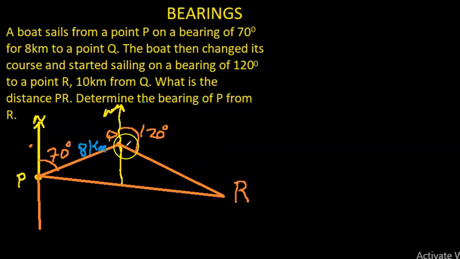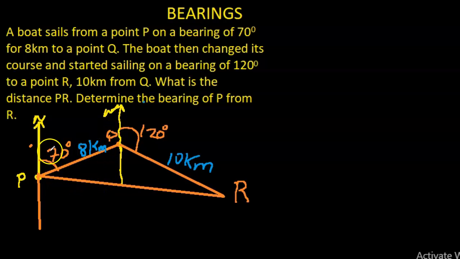From Q to R, that's 10 kilometers. Now we're asked to find the distance PR. We ask ourselves the question, can the sine rule work? Yes or no? Let's see if we can get some angles here.